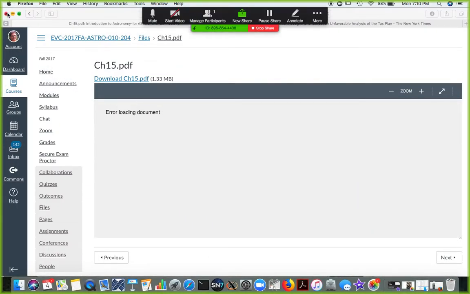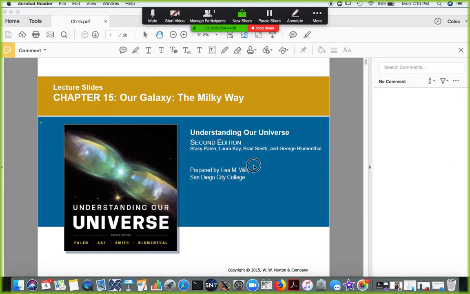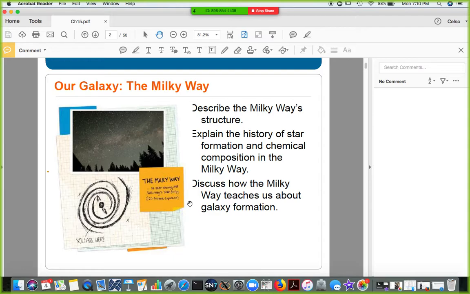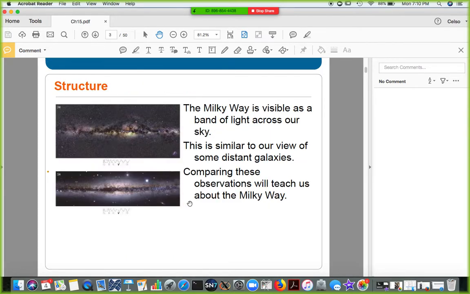Okay, so let's go to chapter 15 and dive into our beautiful Milky Way galaxy. If you happen to be at a very dark site, and this is not true if you are not, so if you are in our school parking lot, we can't see the Milky Way at all.